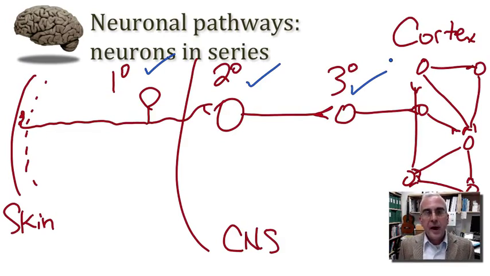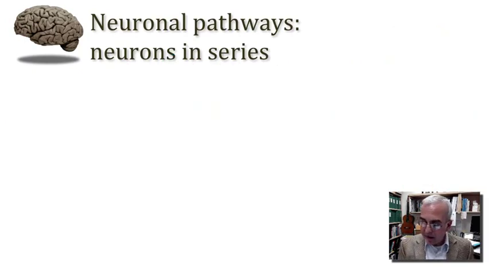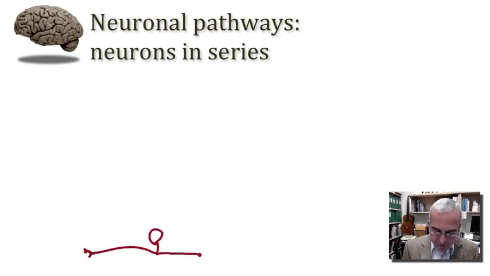Now, I drew this pathway in the horizontal dimension across the screen just to make use of the space that I have, but I want to make an important point about how we talk about our pathways in the brain. So let me clear that and redraw this in the vertical dimension. So often we have some receptor connected to our first order neuron, which projects to a second order neuron.